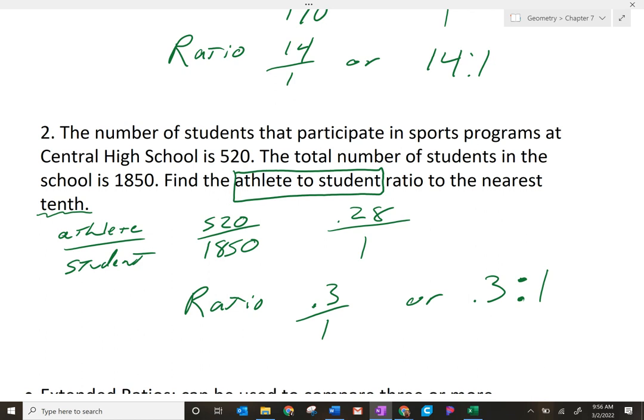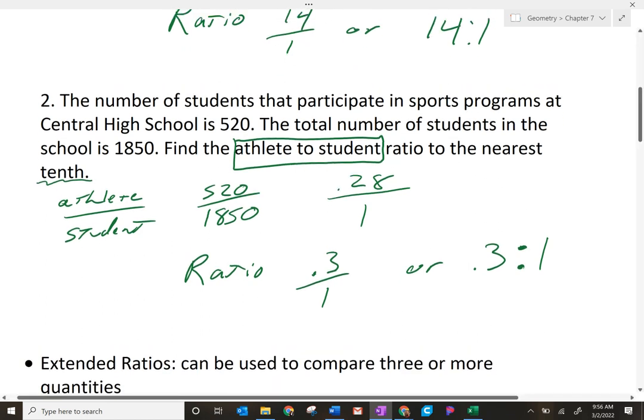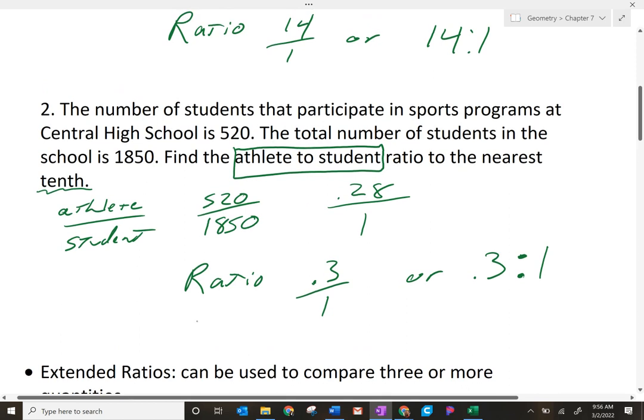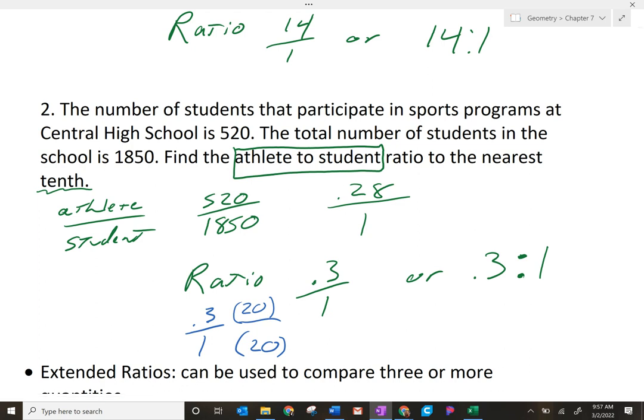All right, well, I'll give you a clue. For that ratio, if I had that 0.3 over 1, and I'm trying to figure it out for this class of 20 students, I can multiply the bottom and the top by the exact same number to figure out about how many students I have.